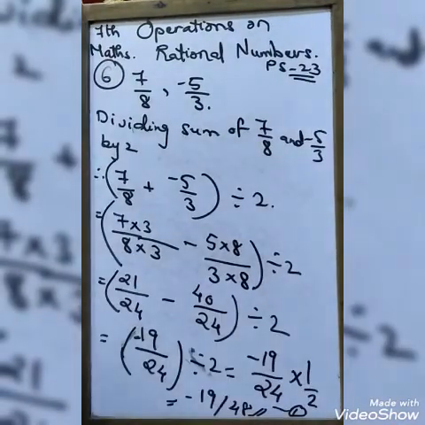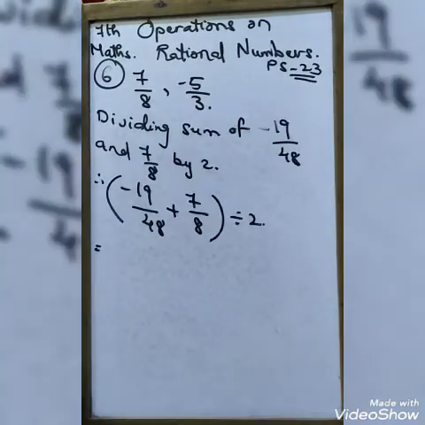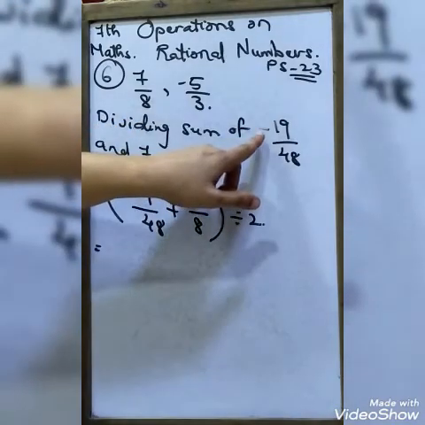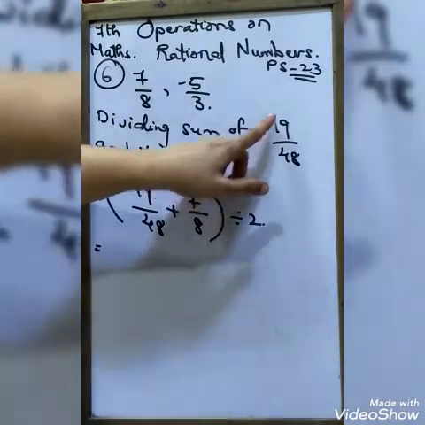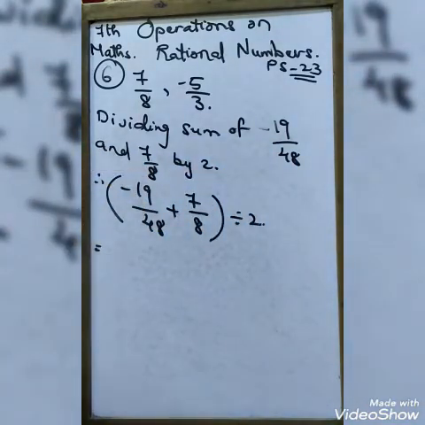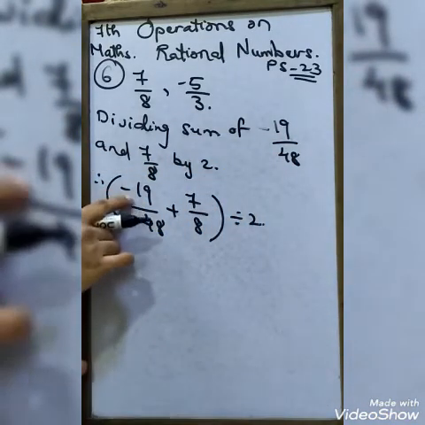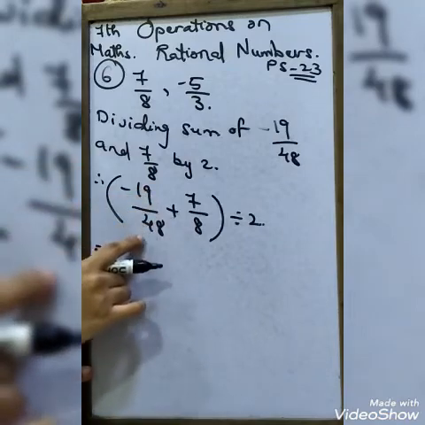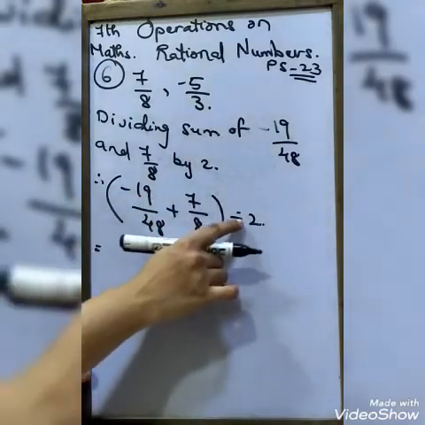Now let us go for the second number. For the second number, we are taking minus 19 upon 48 and 7 upon 8. So here we have written minus 19 upon 48 plus 7 upon 8 divided by 2.